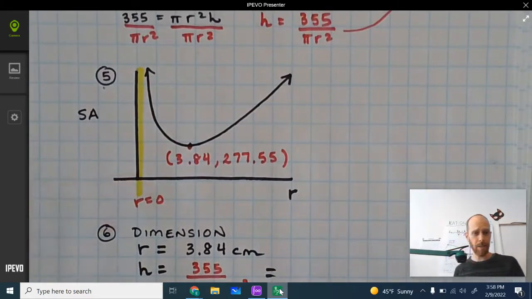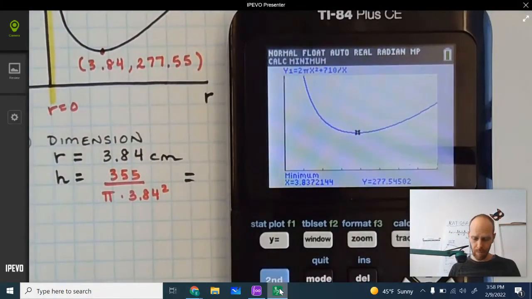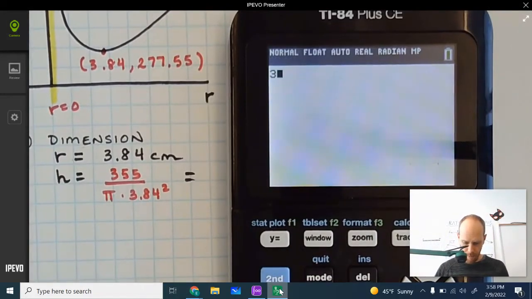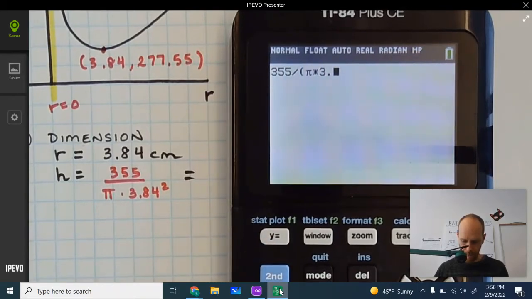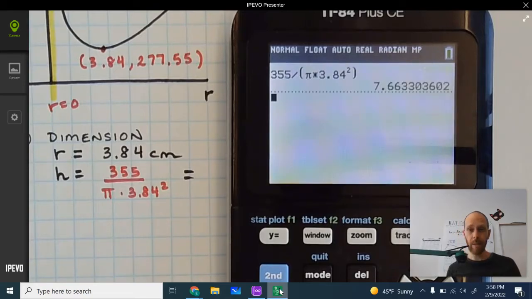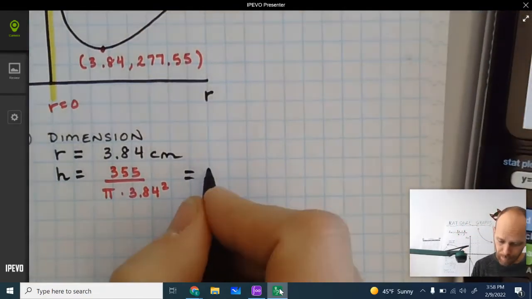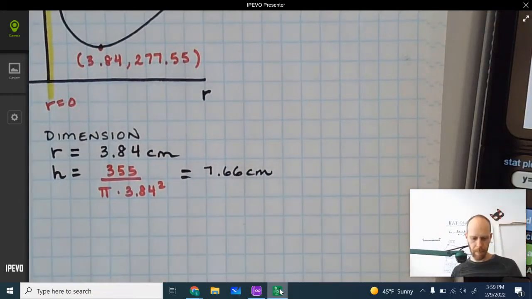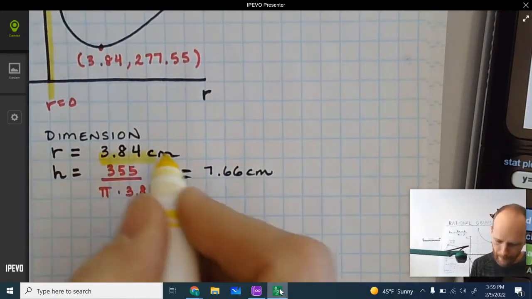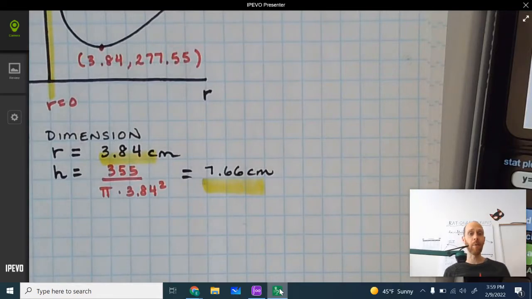And let's see what that gives us. 355 divided by, in parentheses, pi times 3.84 squared is 7.66. Okay, there's the dimensions that would use the least amount of tin.